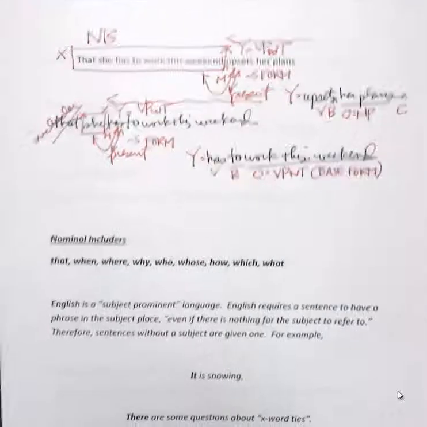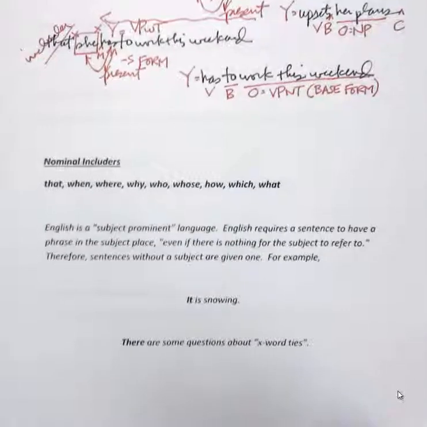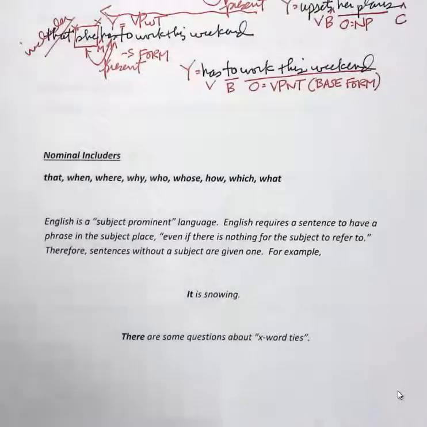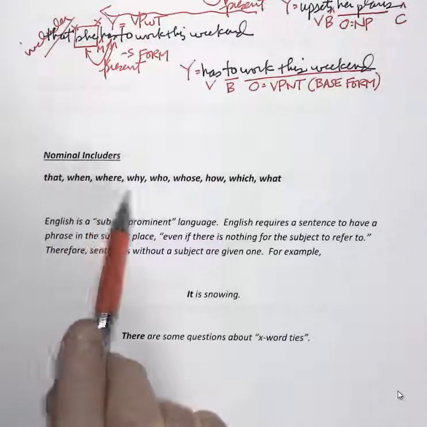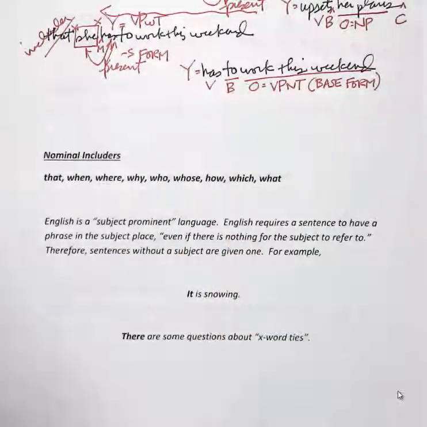Now, nominal includers, just like we had adverbial includers, we have nominal includers. For example, that, when, where, why, who, whose, how, which, and what. And it's interesting because these includers look very much like question words. The nominal includers also resemble and look exactly like the adverbial includers, at least some of them do.